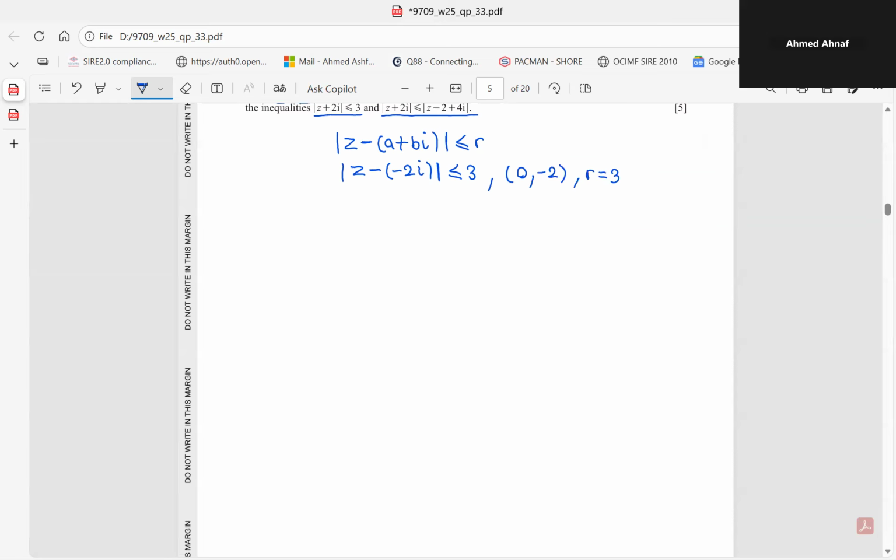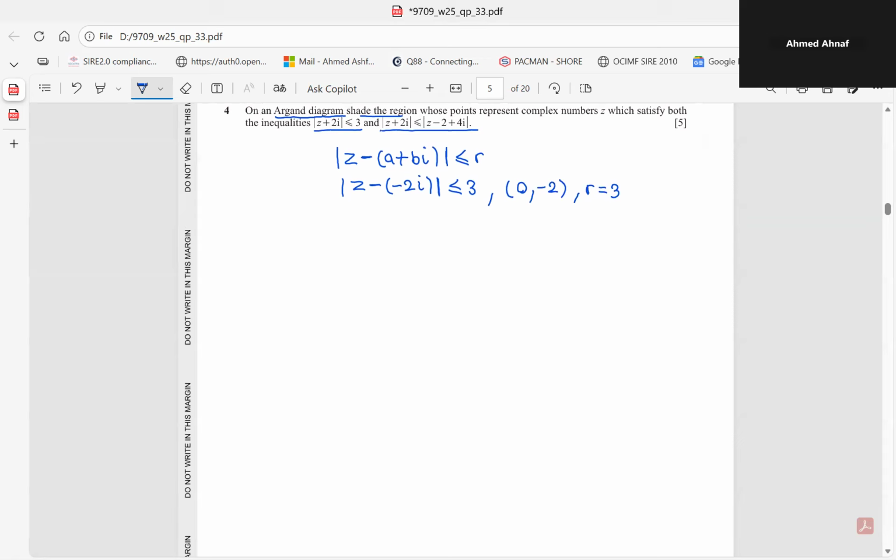Okay, and as for this, well, this is a perpendicular bisector between 2 points. So what those 2 points are, again, factor out -1 from the complex number. So you get modulus of z minus (-2i) less than or equal to modulus of z minus (2 minus 4i).